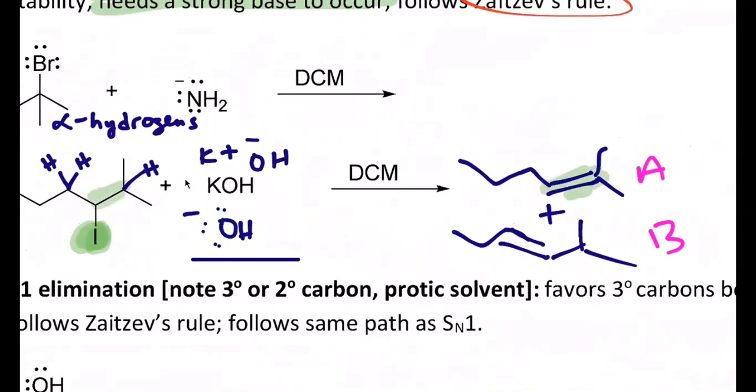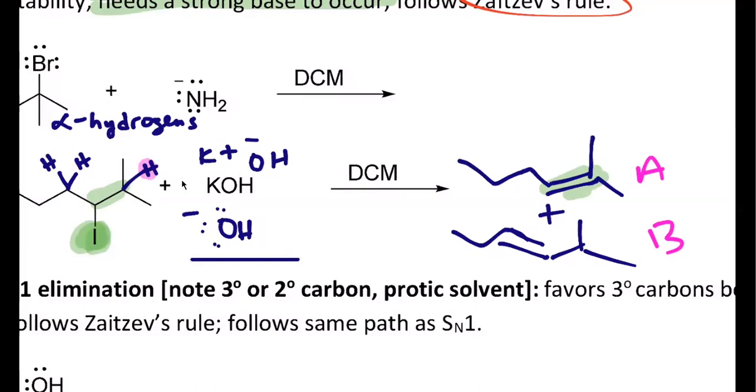Right, it's right here, isn't it? Is that right? Yes. All right, so that means that this is the hydrogen that we have to remove to get to A, right here.